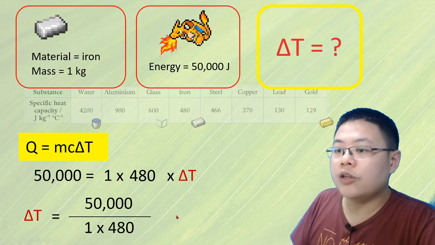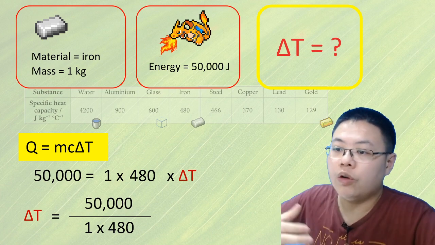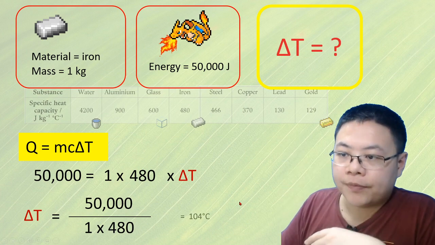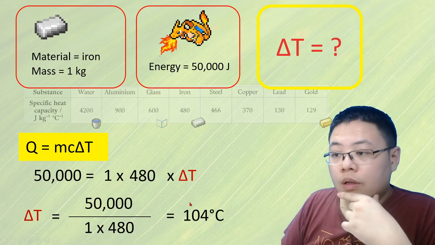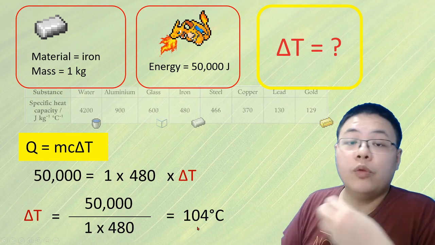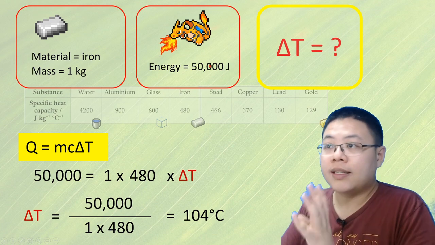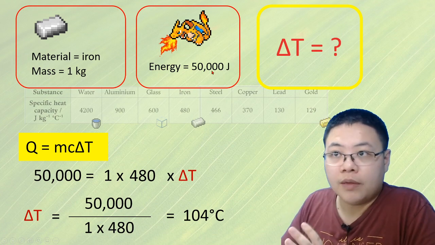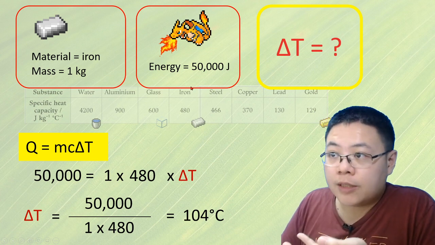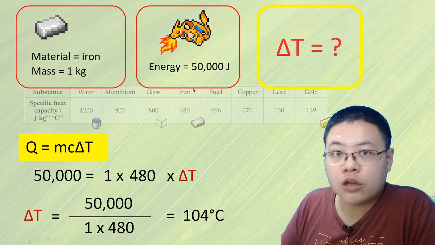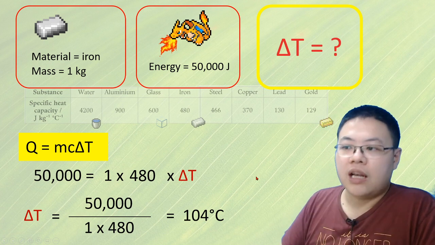So the change in temperature will be larger. Dividing by a smaller number gives a larger value. So it's no longer just 12 degrees, it will be 104 degrees Celsius. You have to know it is the same amount of energy. We just change the material type. Because the specific heat capacity is much smaller, the change in temperature is therefore much larger.